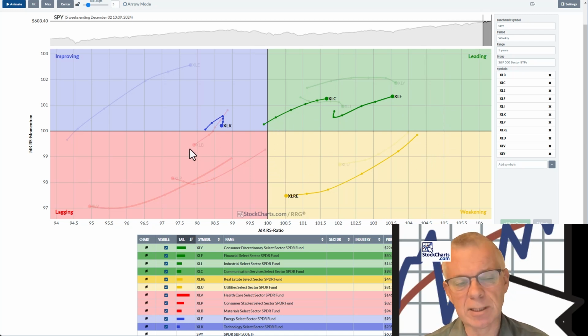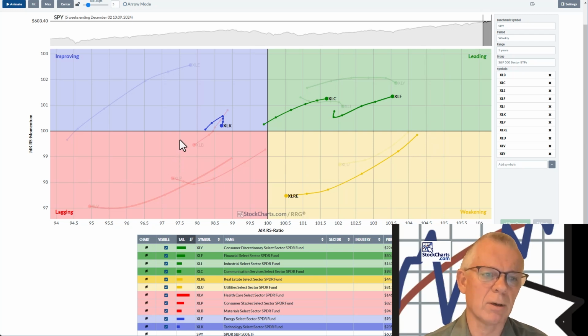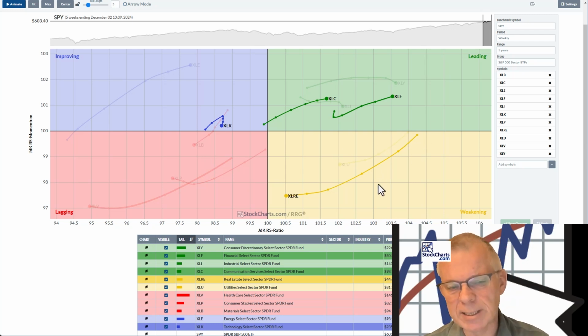And then you see technology is also confirming because it's the weaker end on the monthly. The technology tail is inside weakening and moving towards lagging. And here you see how technology is rolling over inside the improving quadrant, rapidly heading back towards lagging. So this is definitely underscoring the weakness for the technology sector. And then we've got real estate, which is interesting because it's inside weakening.